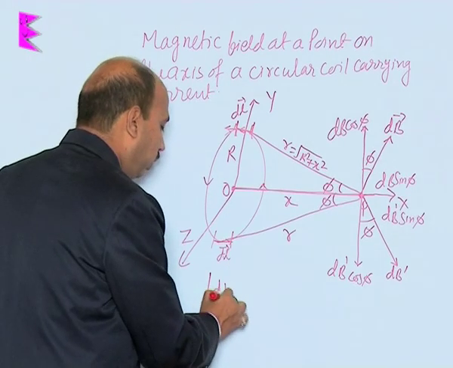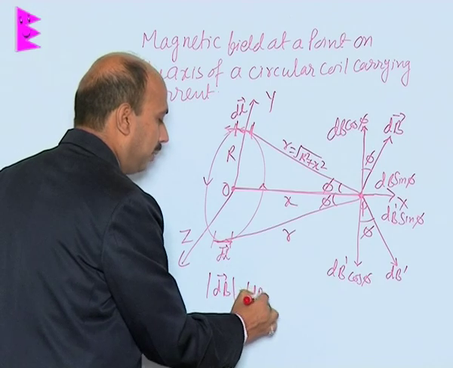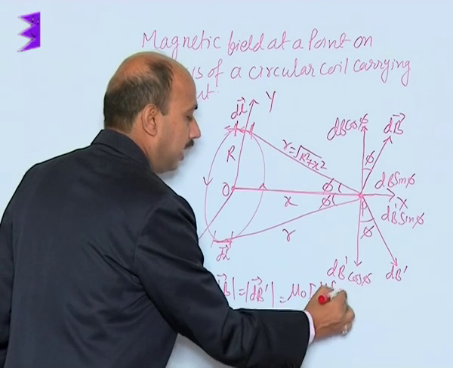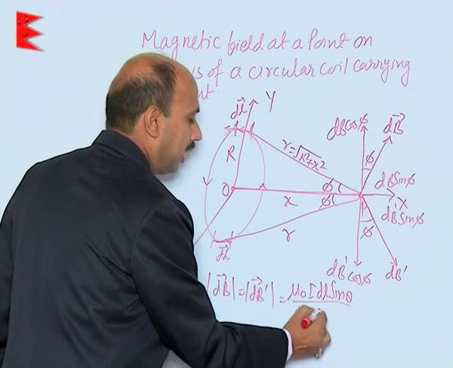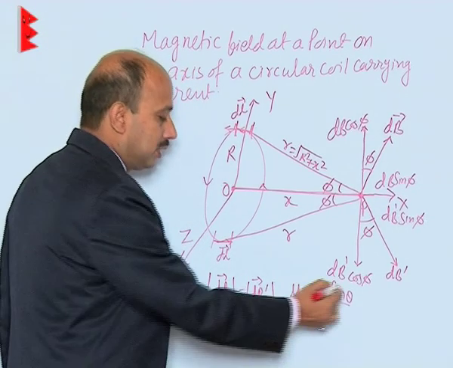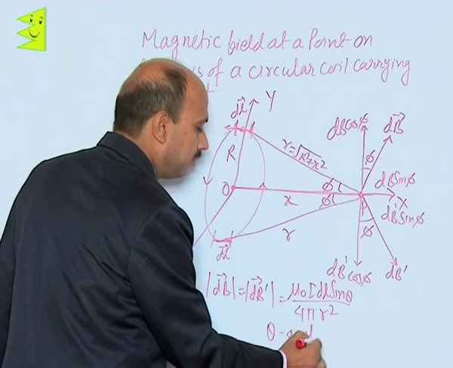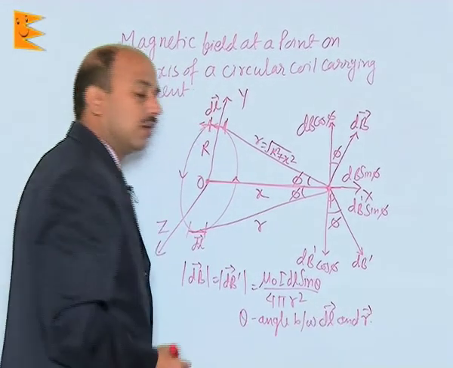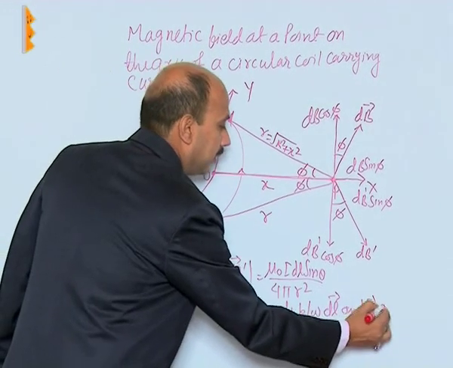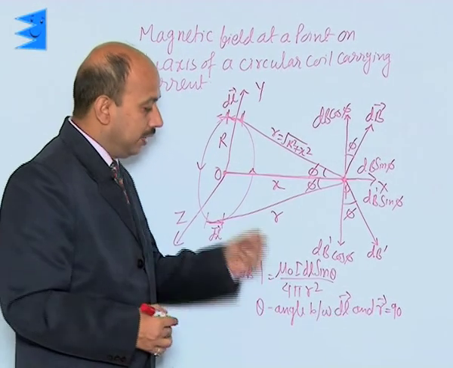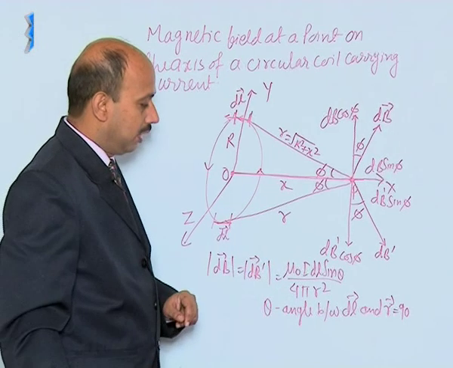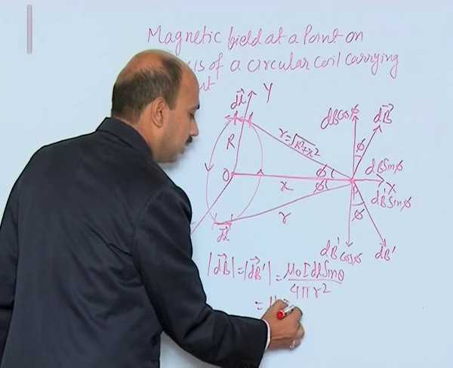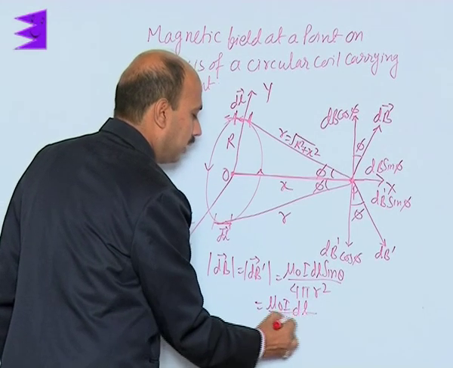The magnitude of dB is equal to the magnitude of dB dash, which is equal to mu naught I dl sin theta upon 4 pi r square, using Biot-Savart law, where theta is the angle between dl and r, and this is equal to 90 degrees. If theta is 90 degrees, then we get mu naught I dl upon 4 pi r square.